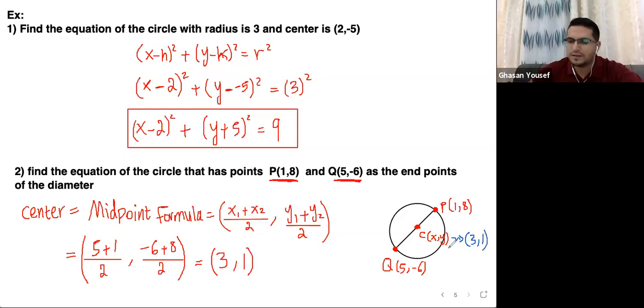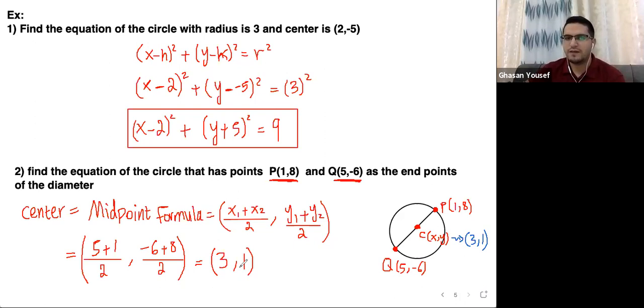Again, how did I find it? By using the midpoint formula. Now Zainab said, yeah, 1 plus 5 over 2 and 8 plus -6 over 2. This is correct. This is what we get here. So the point 3, 1 is my center point.